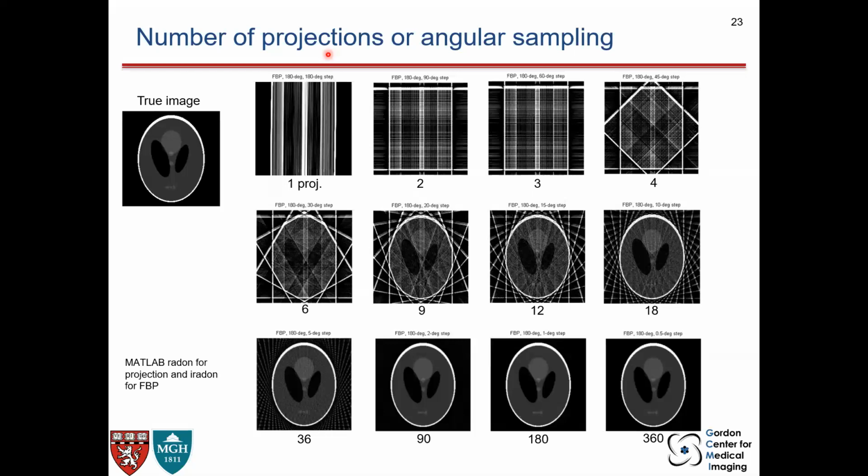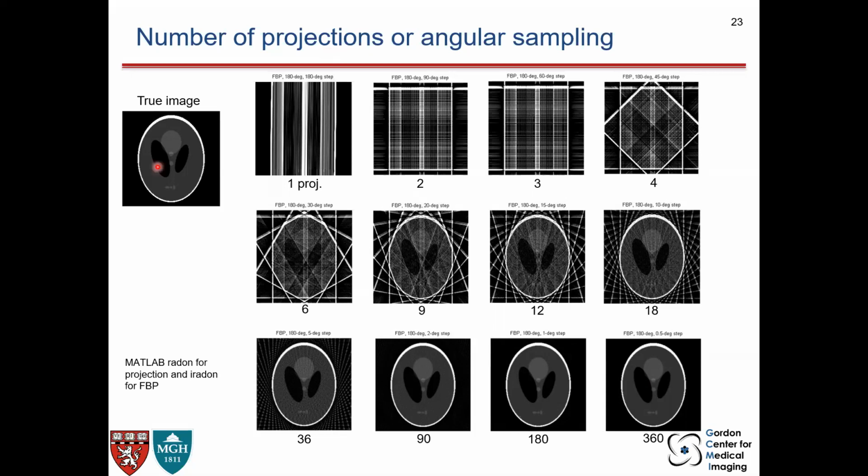If I want to prioritize, you have to have a large angular coverage, and then go about angular sampling. If you don't have good angular coverage, then it doesn't matter if your angular sampling is 1 degree or 0.1 degree or 10 degrees. You're not going to get a meaningful image out of your system.